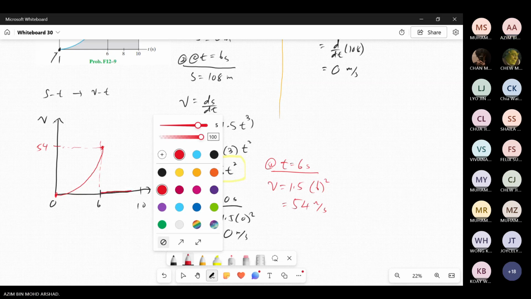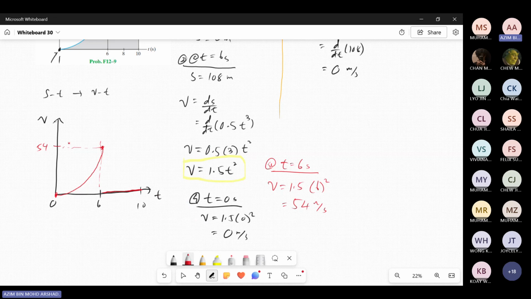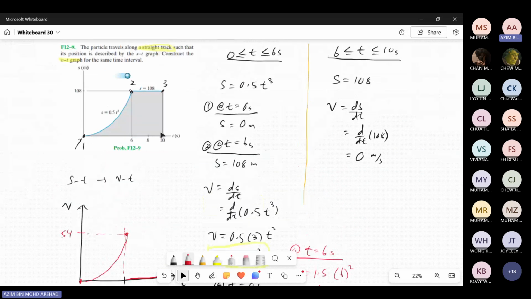So it moves from 0 to 54, and then from 6 to 10 the velocity is 0. So this is the v-t graph of this s-t graph. Why do you get 0? Because from 6 to 10 seconds, the particle stays at one place at s equals 108. It means that it did not move anywhere. So there's no velocity. The velocity equals 0.